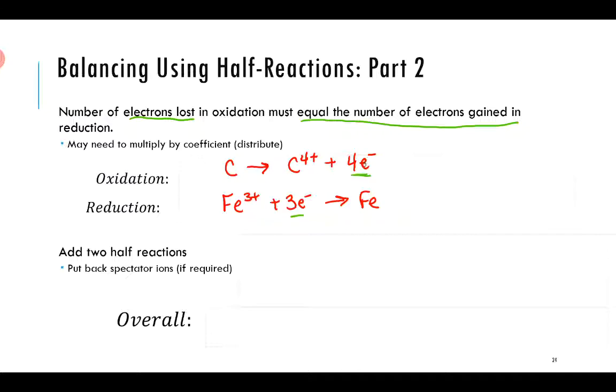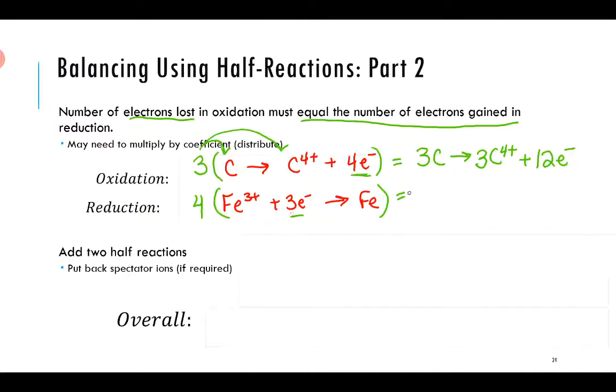So the lowest common multiple of 3 and 4 is 12. I can get to that lowest common multiple by multiplying the top equation by 3 and the bottom equation by 4. Let's distribute that out, like in math. So that's 3 carbons goes to 3 carbon 4+ plus 12 electrons.